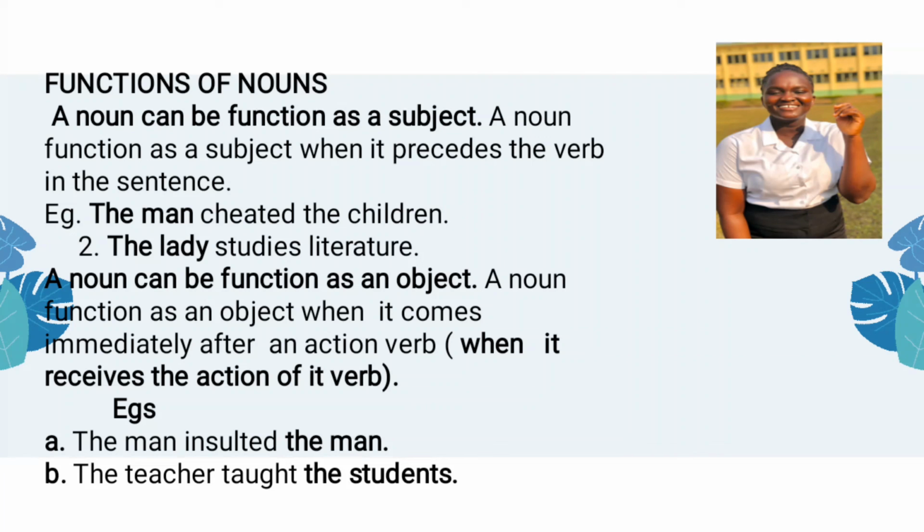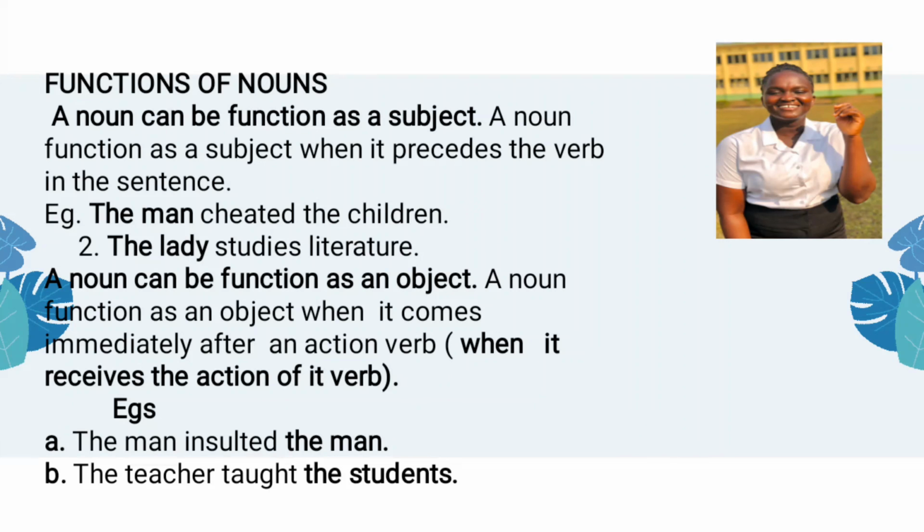Example: The man cheated the children. The man in example 1 is functioning as the subject in the sentence. Example 2: The lady studies literature. The lady is a noun, and it is functioning in this sentence as the subject.